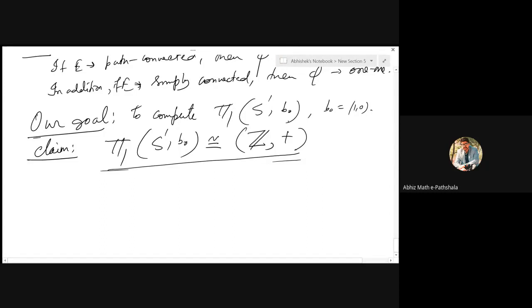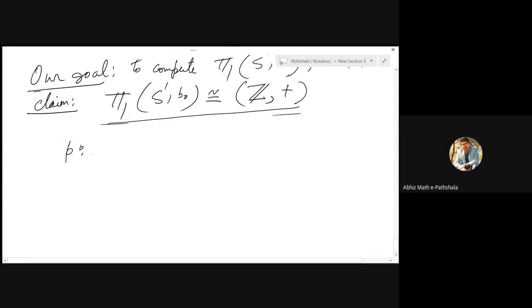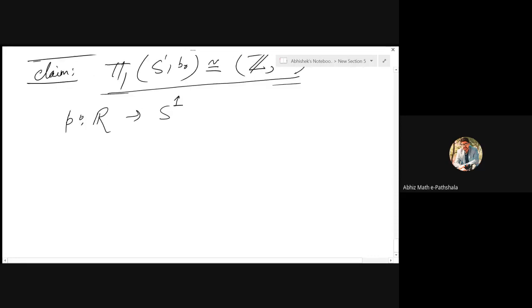Now recall that you have a covering map P from R to S1 that I have already discussed, and I have chosen this map as an example because this is very crucial. This is very important.